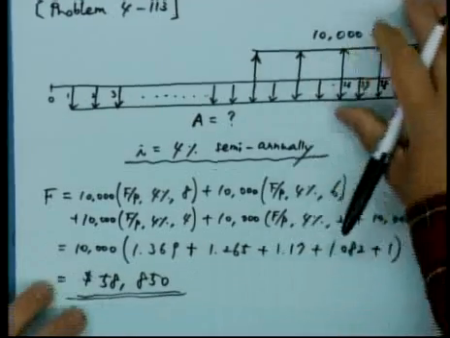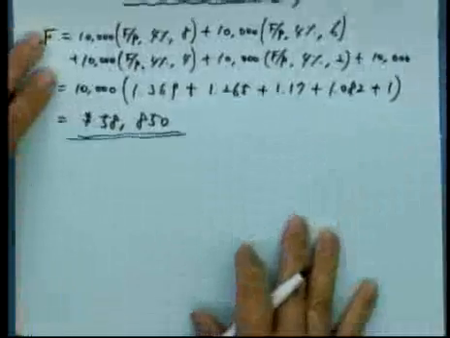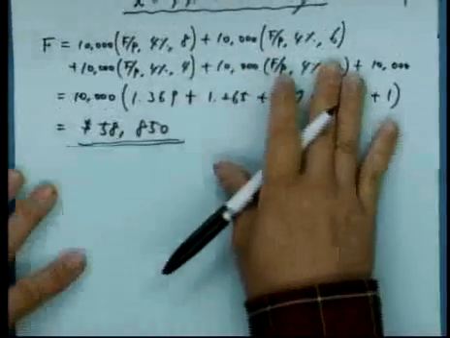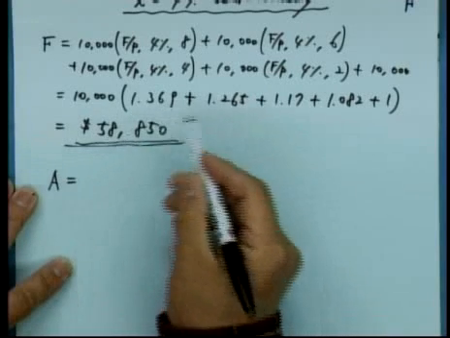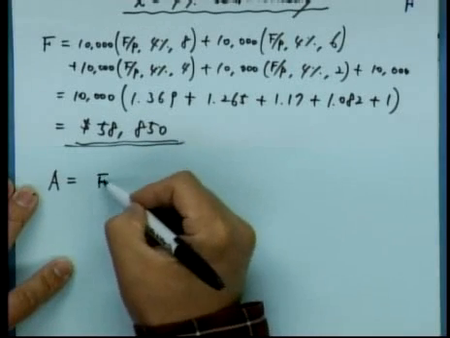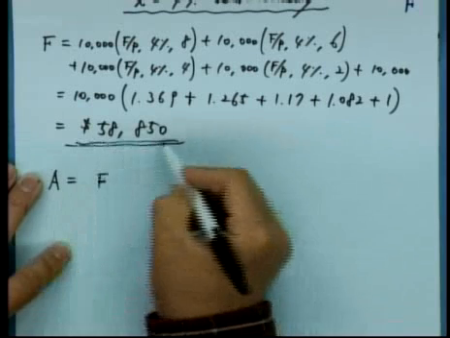So, the required series of 40 deposits would be A equals F. F is same as this, right?